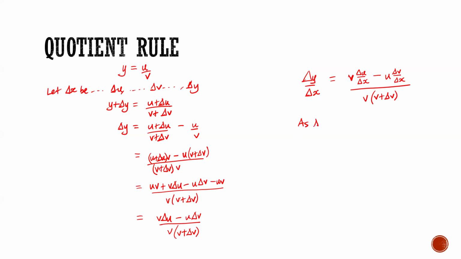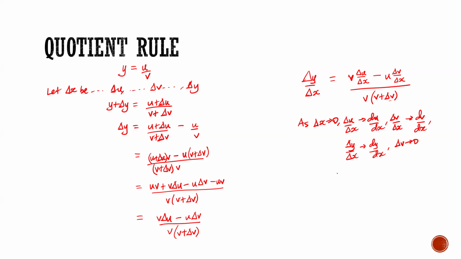We know that as delta x tends to 0, delta u out of delta x will tend to du dx. Delta v out of delta x will tend to dv dx. Delta y out of delta x will tend to dy dx, and delta v will tend to 0. This delta v is this one in the denominator here.